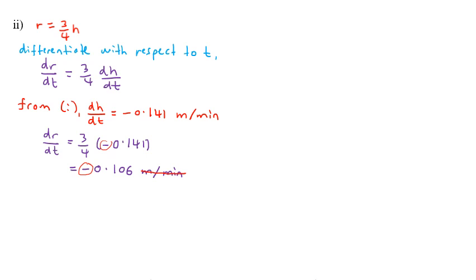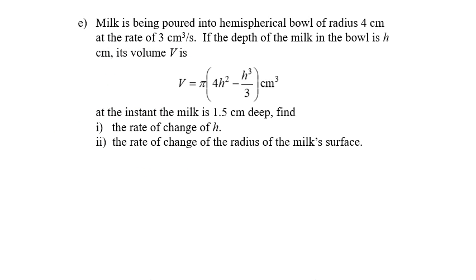Example D, I think. Right. So now we move to the last example in our video here. That is, milk is being poured into a hemispherical bowl of radius 4 cm at the rate of 3 cubic centimeters per second. Right, so the equation of volume in this case, since it is not a simple cone, the equation is already given, the equation of a hemisphere.